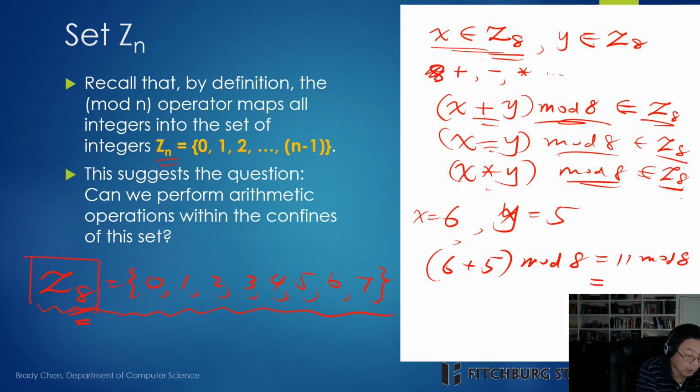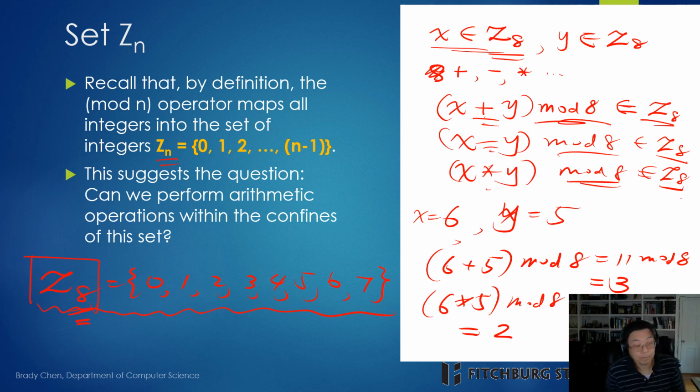So we got 3, right? And 6 times 5 mod 8, which is 30 mod 8. Oh, I'm sorry.